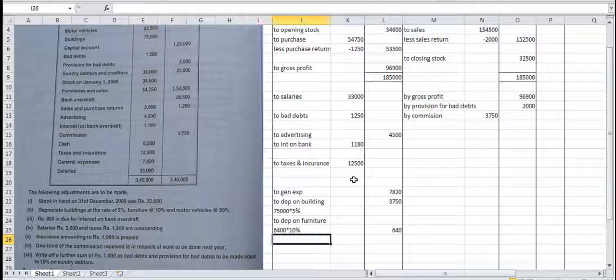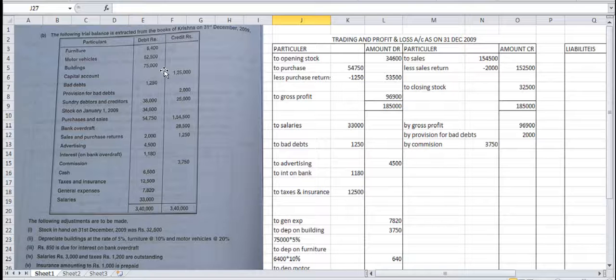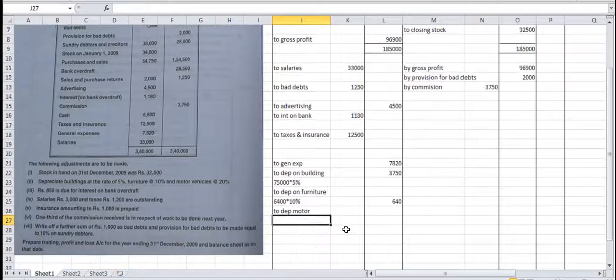Now the depreciation on motor. The depreciation on motor is 20%. The motor vehicle amount is 62,500.